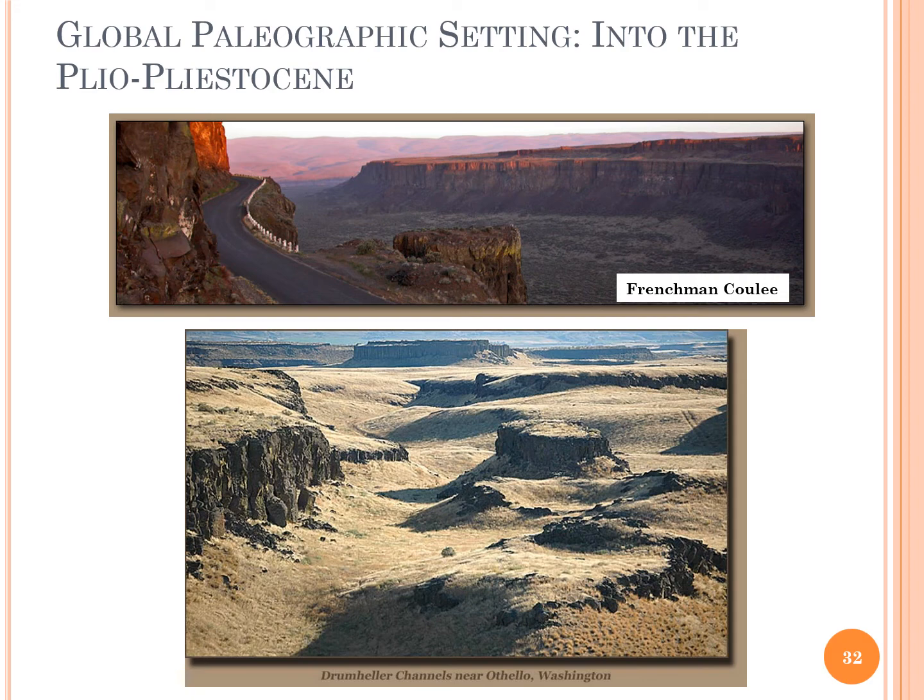And these are the remnants of these large Missoula floods that cut right deep into the Columbia River Basalt Group. And in fact, the stratigraphy of the Columbia River Basalt Group would not be known nearly as well if it wasn't for these deep channels that cut down into it that expose so much of them, allowing them to be carefully mapped.